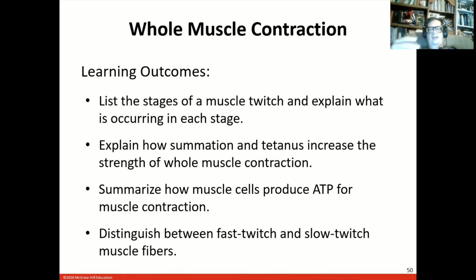Tetanus or tetanic response, that's when there's a constant pull with the muscle. This happens because you never contract the whole thing at once. You have some fibers that are relaxing while others are contracting, but you always have something going on. So there's always tension. That's tetanus condition, or tetanic condition. And we'll talk about how the muscles make ATP that they're going to use. And they're down at the bottom. Talk about the difference in fast twitch and slow twitch muscles. Moving on.